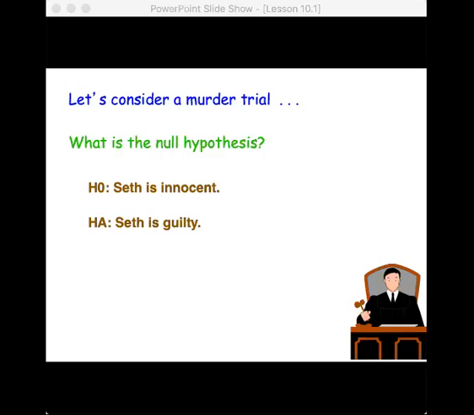Let's say we keep perusing Seth's locker and then we find a journal. In this journal, we find that Seth and Jonathan had a heated argument two days before the trampling.